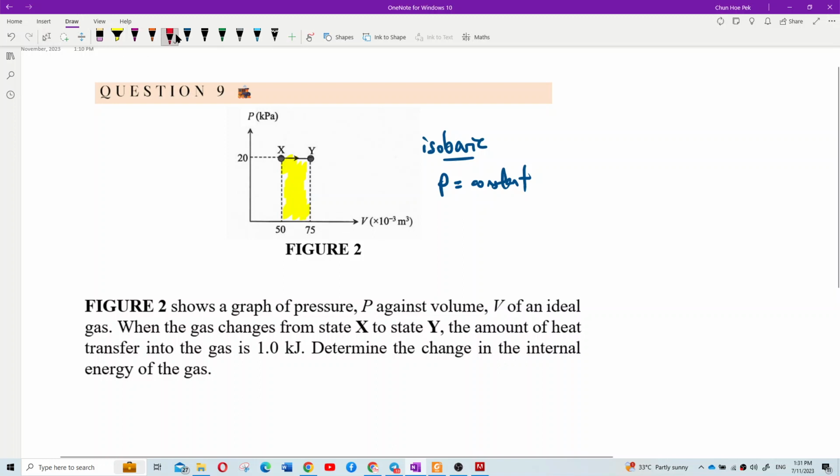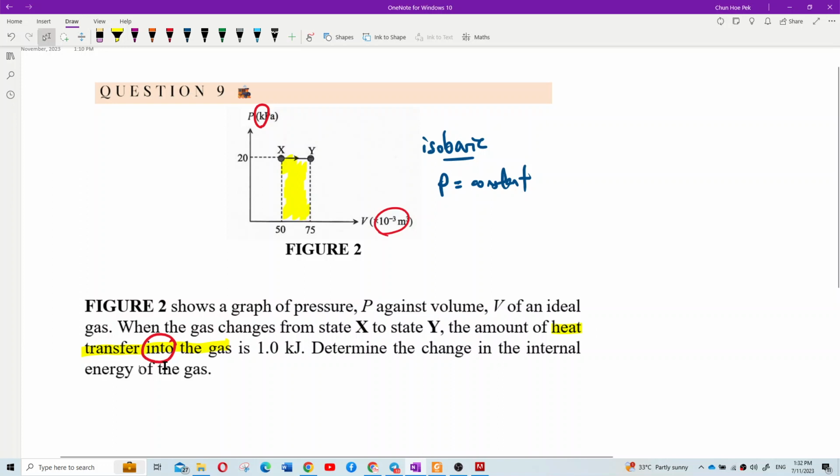Be careful with the unit there. See that? Kilopascal. Here got exponent some more. All this must pay attention, all the units. So when gas changes from state X to state Y, the amount of heat transferred into the gas. This is important. Heat transfer into, is it heat loss or heat absorb?